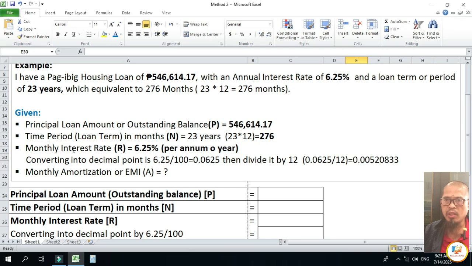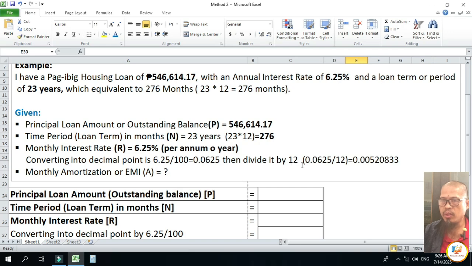Our monthly interest rate, which is R, is 6.25% per annum. So we first convert 6.25% into a decimal, which is 6.25 over 100, and that equals 0.0625. Then we divide this by 12.